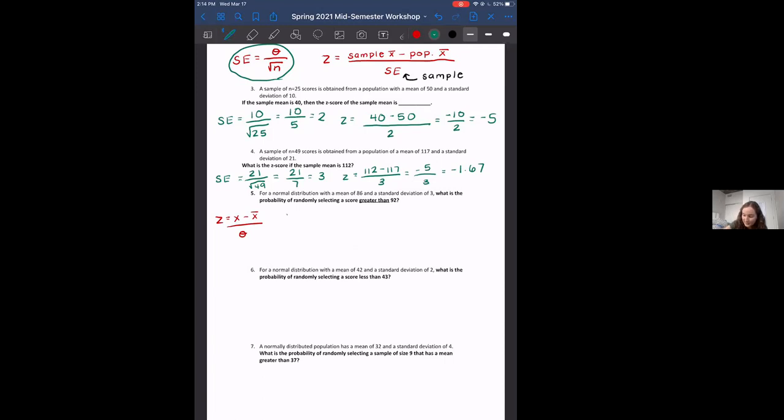$92. Yes, thank you. So 92 minus, okay, what about the mean? We just need the mean from the table. 86. Yes, thank you. So 92 minus 86. And what about the standard deviation? 3.